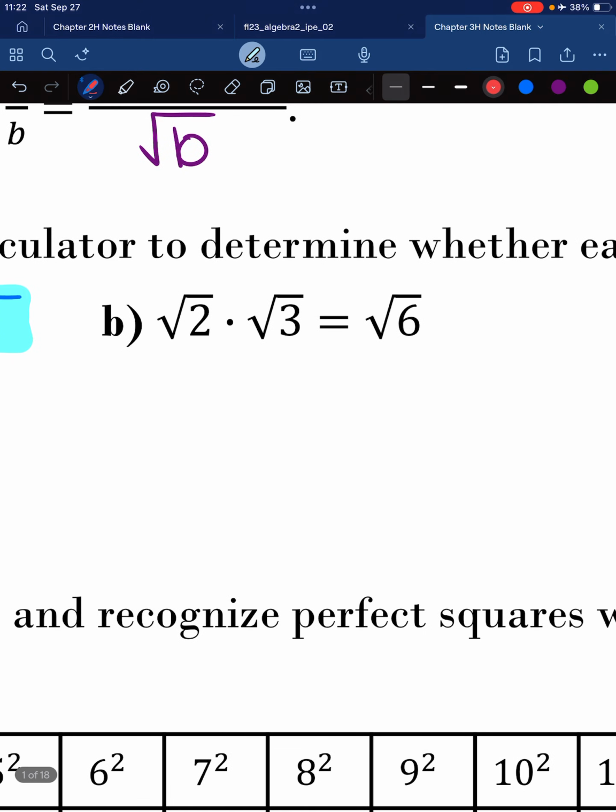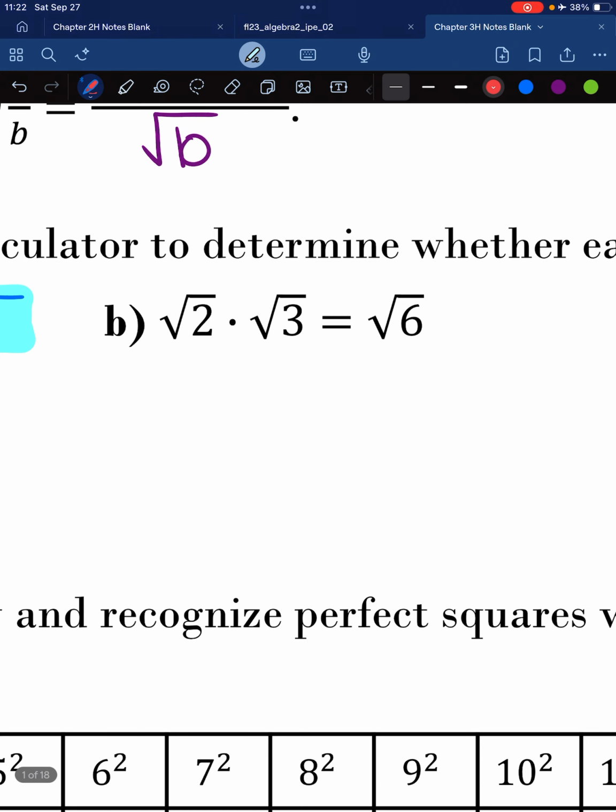I told you it works with multiplication, but let's verify. Hopefully, again, you can see I could rewrite 6 as 2 times 3, all underneath one radical. If you type this right-hand side into your calculator, you get 2.449. Let's check the left-hand side then.